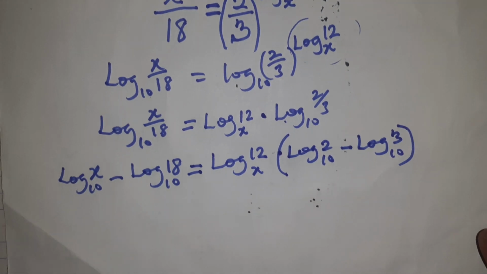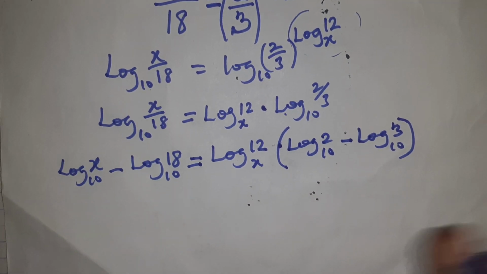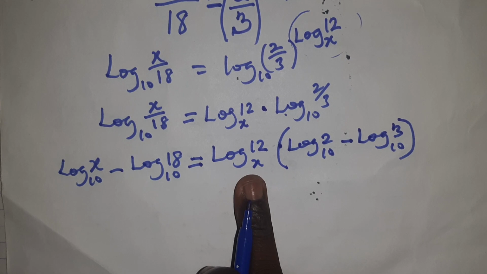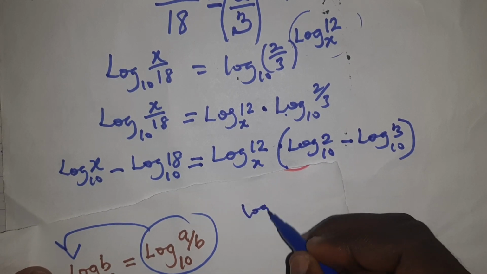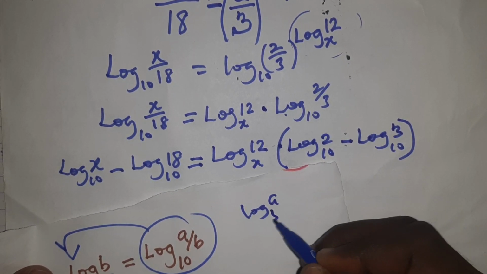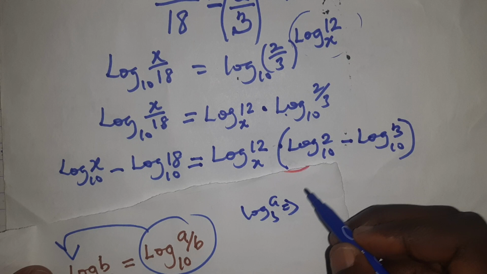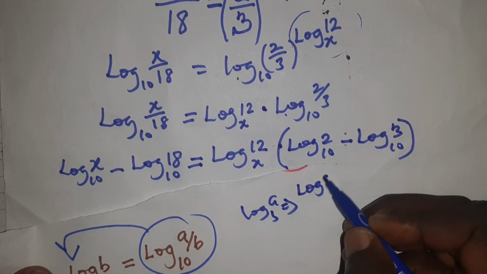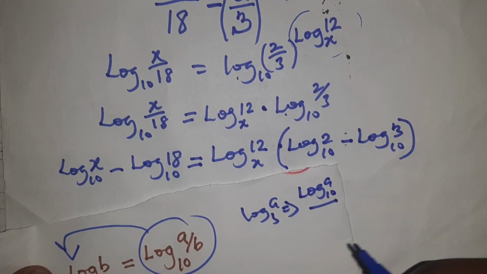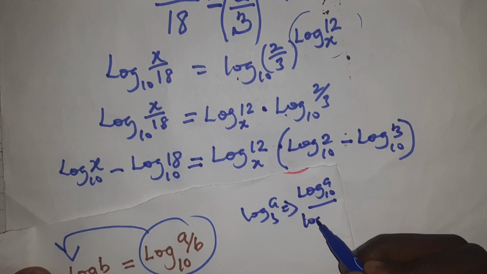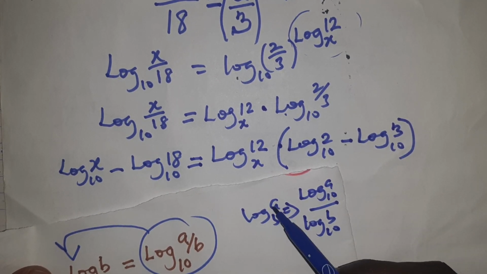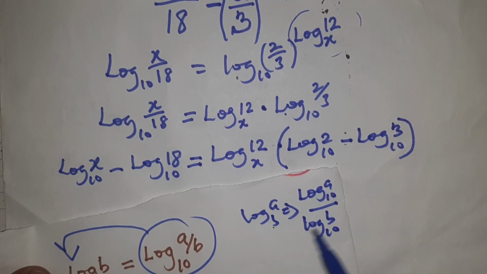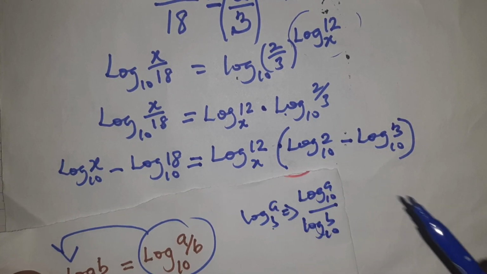And then we can do change of base here. Remember change of base: if you have log a base b, it can be written as log a base 10 over log b base 10. So log a base 10, then log b base 10. That's what I'm going to do here.